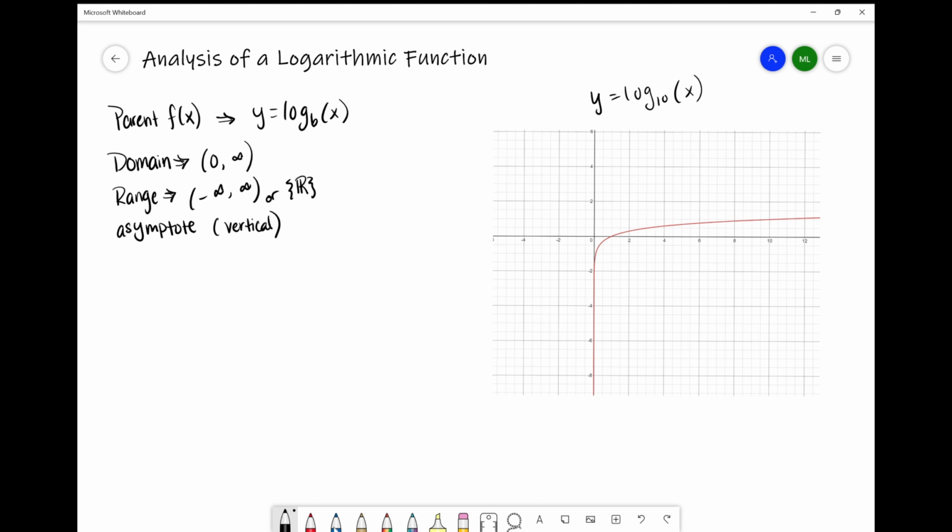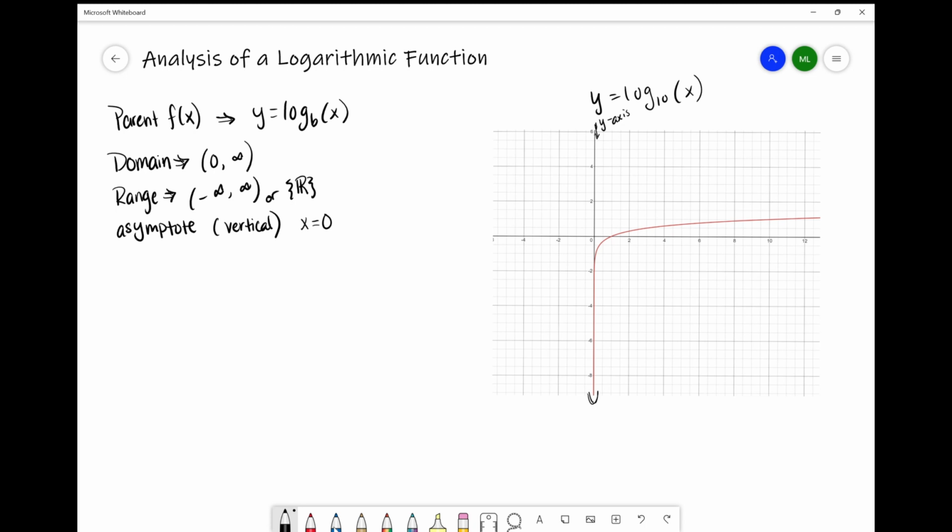Let me go ahead and draw. Here our y-axis is not included. It doesn't quite touch x equals 0. So that's our asymptote at x equals 0, that vertical line.